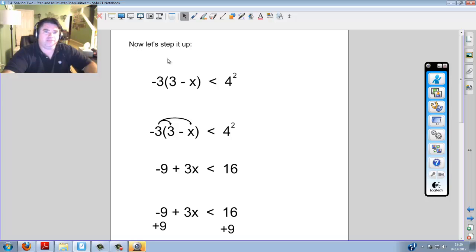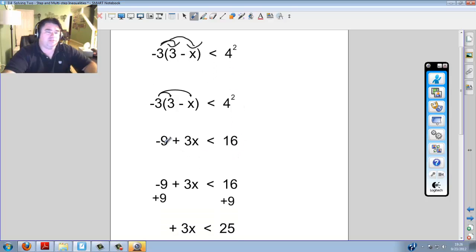Now, let's step it up. Negative 3 times 3 minus x is less than 4 squared. All you have to do is take negative 3 times 3, and negative 3 times negative x. Remember, negative 3 times positive 3 makes negative 9. But negative 3 times negative x is going to make positive 3x. And 4 squared is going to make 16. Now instead of minus 9, plus 9, and plus 9 here.